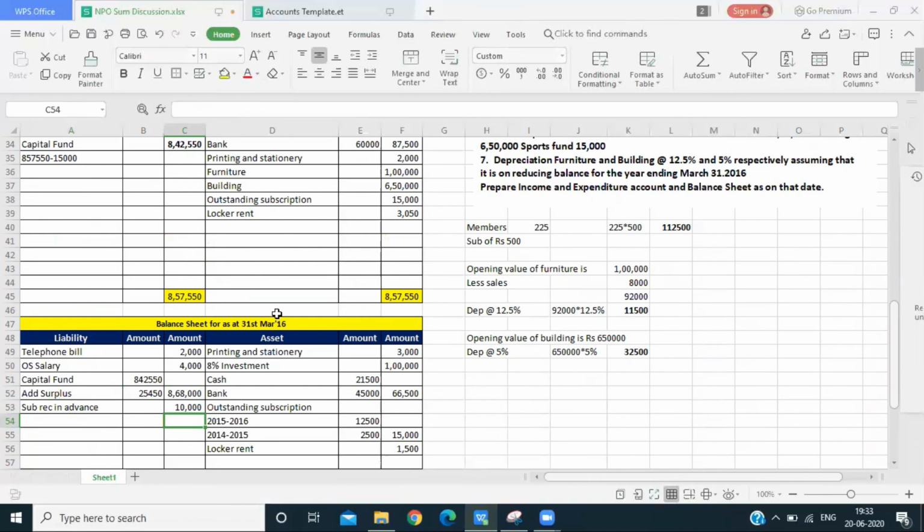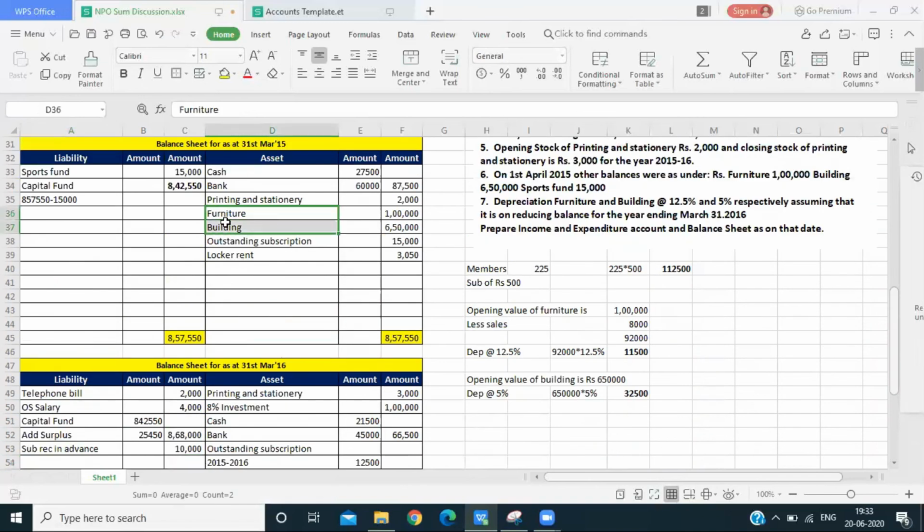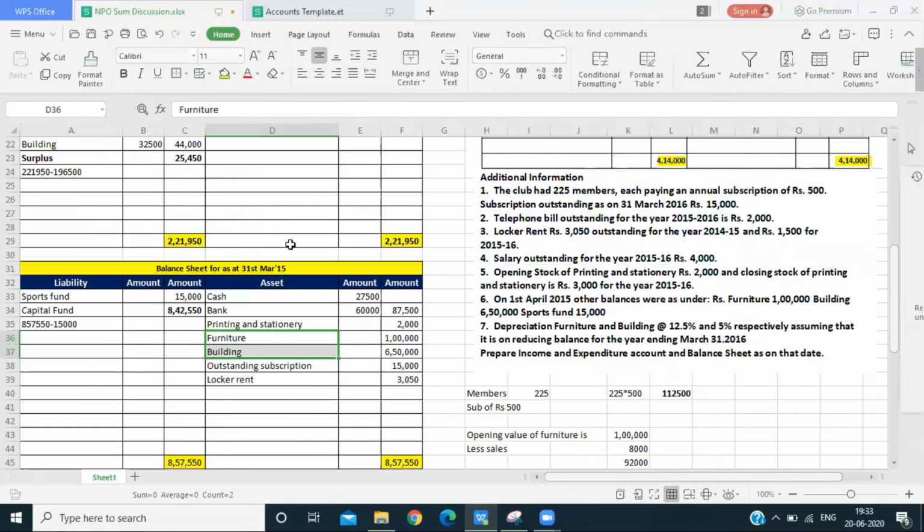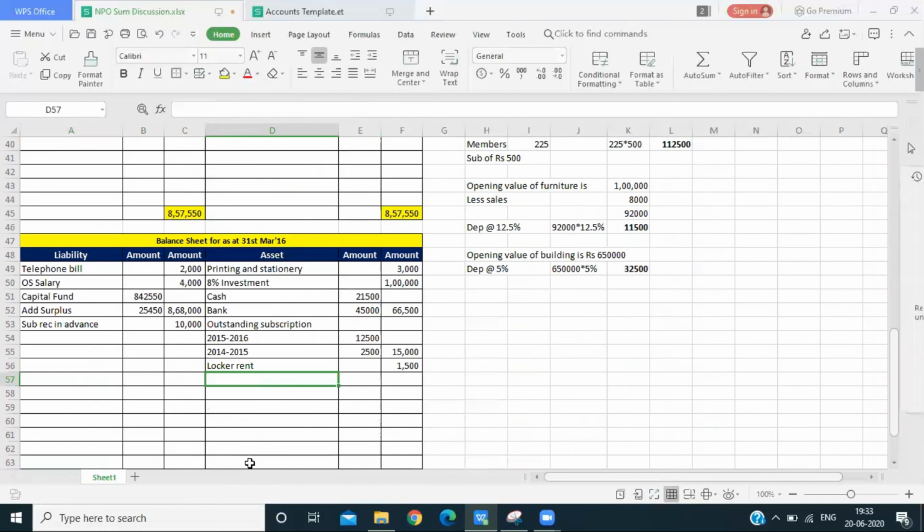And we have to make the adjustment for furniture and building along with the depreciation. So the closing value of furniture: we have an opening value of rupees 1 lakh less sales. Sale value is rupees 8,000, less depreciation.